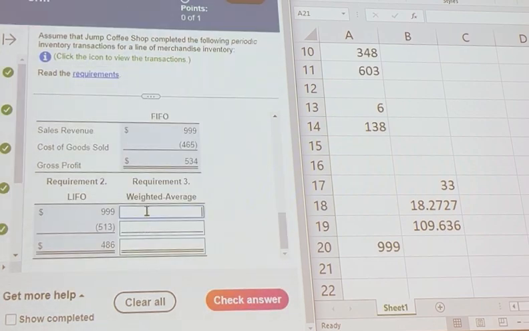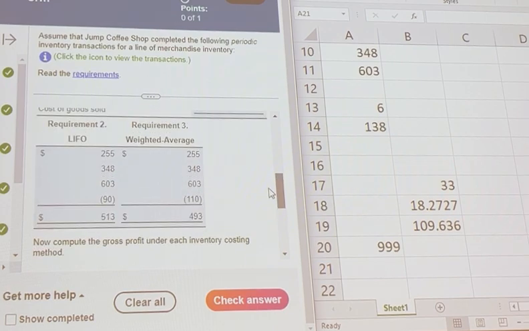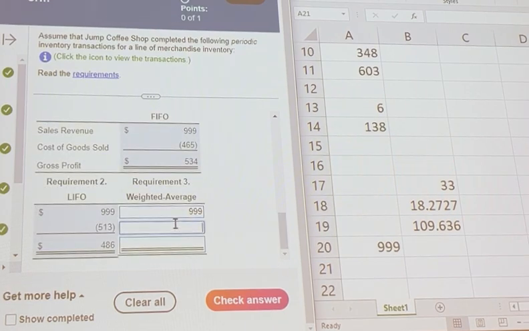And then for weighted average, 999. Up above, we said our cost of goods sold was 493, which we'll enter as a negative number. And so our gross profit is 506.